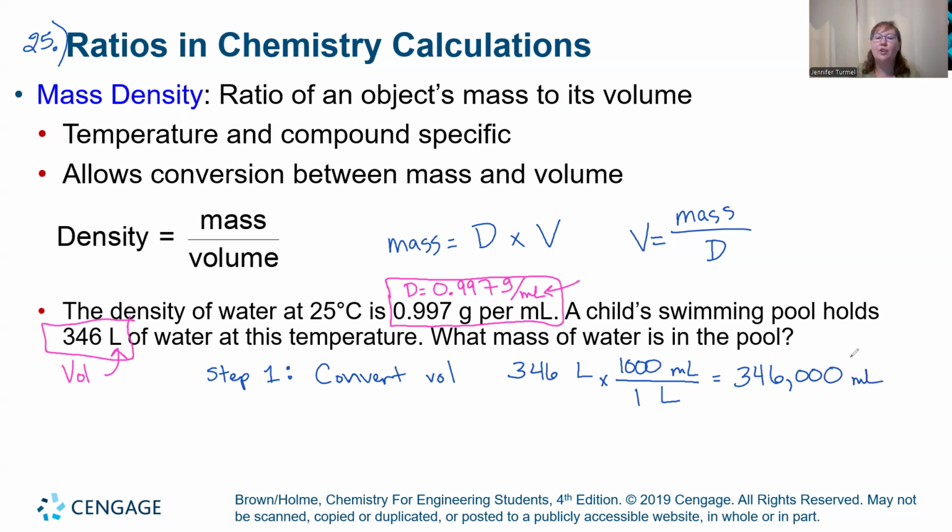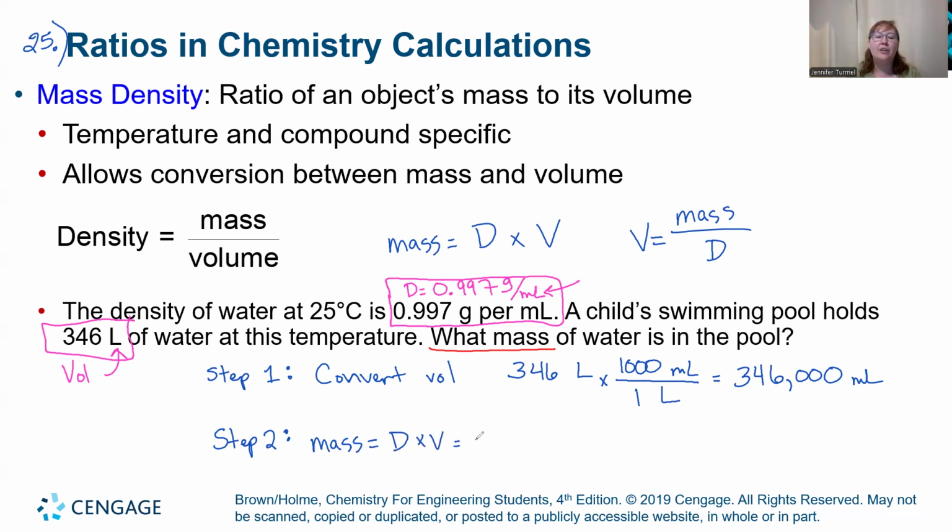Now the units agree for my volume. Our step two is to solve for mass. Note that it says what mass, so that's how we know what we're solving for. We're going to use this middle one to solve for mass. So we see that mass equals our density times our volume.